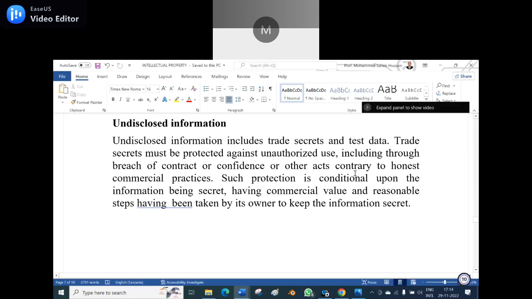Good. So here, undisclosed information includes trade secrets and test data. Do you know the formula of Coca-Cola? Till today nobody knows the formula of Coca-Cola, because Coca-Cola has not taken a patent.